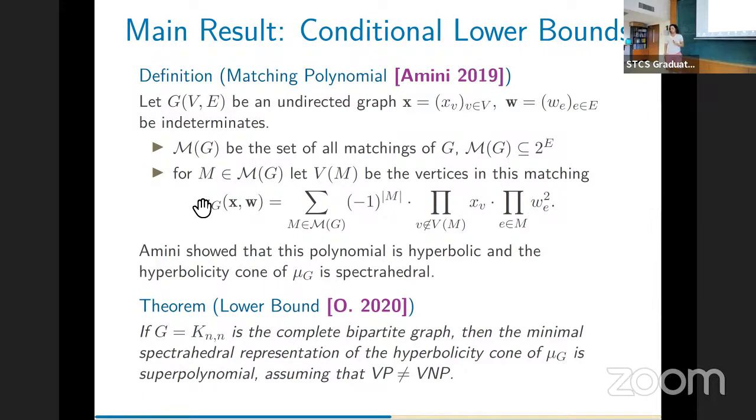So it's a conditional lower bound. Is the statement clear? So if you believe Rinal and Ramprasad that VP is not equal to VNP, then this matching polynomial's hyperbolicity cone is hard for the complete bipartite graph.